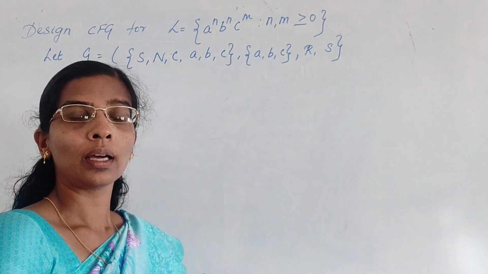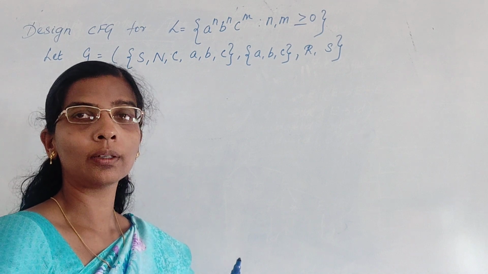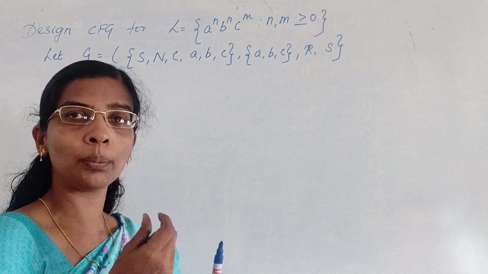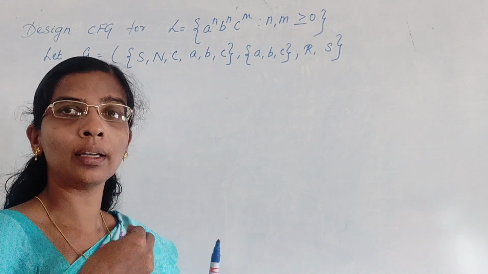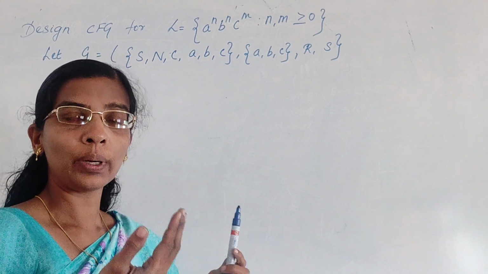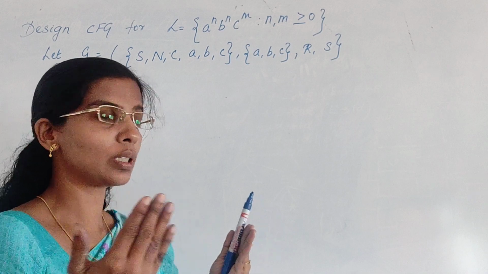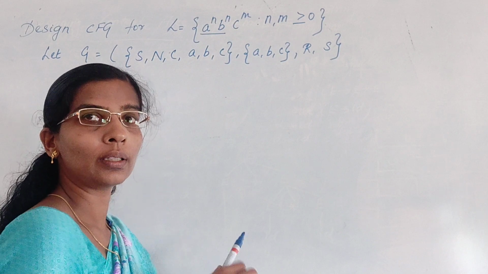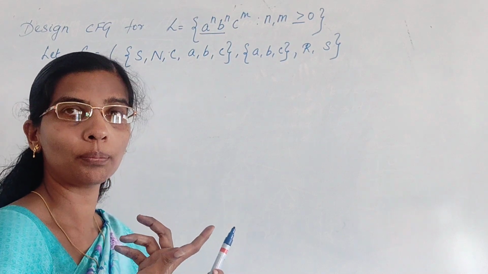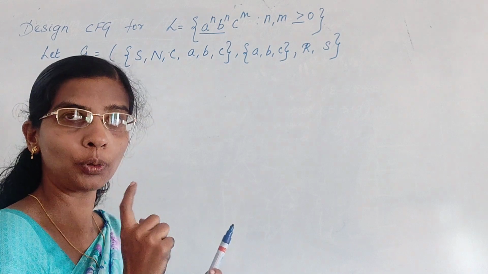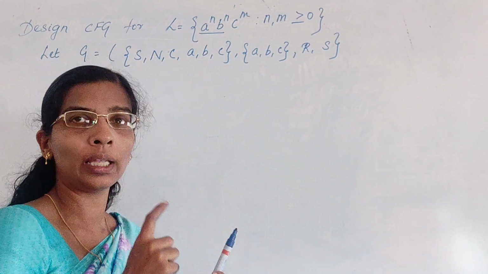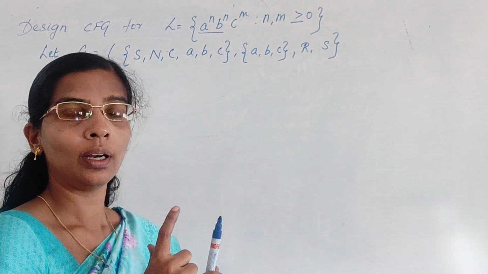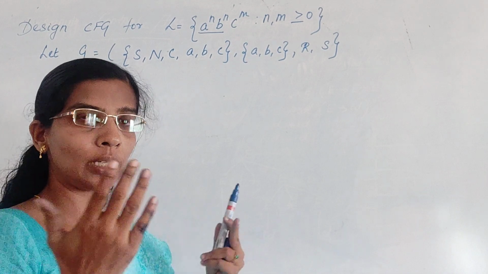As I told, if your language has the property that the strings can be generated with two regions and there is some relationship between the two regions, something like the length of both the regions is the same, I can generate the string from outside to inside. Check these two regions: one region will generate A, another region will generate B, and there is a relationship between them. So the length of A and B is equal. So I can generate from outside to inside.